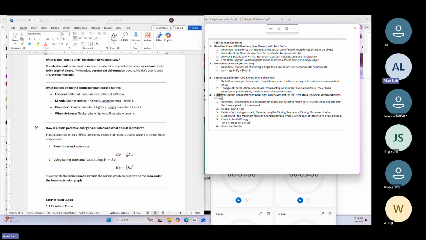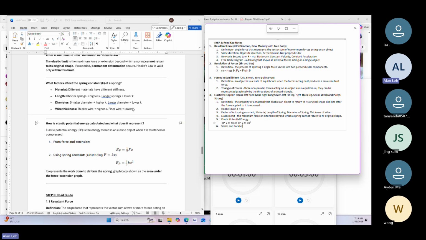With this formula: F times cos theta for x, F times sine theta for y. Then equilibrium, there is also information inside the equilibrium that you have already gone through. And elasticity: Hooke's law, the factors affecting the spring constant, and such. So this is what we're trying to achieve here.